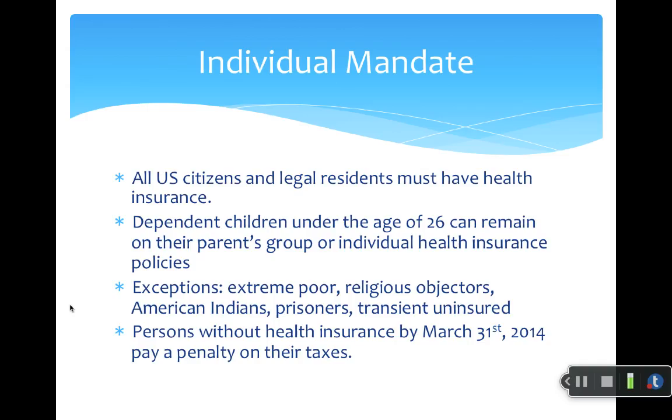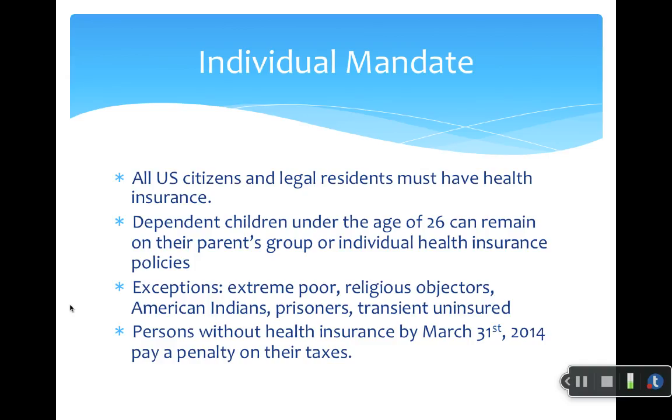Now, if you are a young adult under the age of 26 and your parents have health insurance, you can remain on your parents' either group or individual health insurance plan. The reason why this provision was put in is that we know that many of the young invincibles, the young healthy individuals who maybe can't afford the cost of health insurance when they're working in their very first job and making relatively low incomes, are often likely not to be covered by insurance.